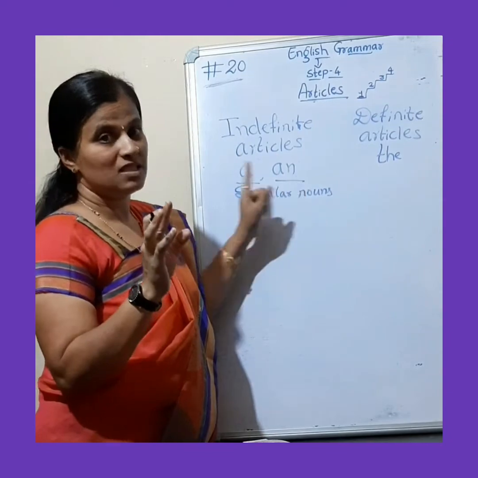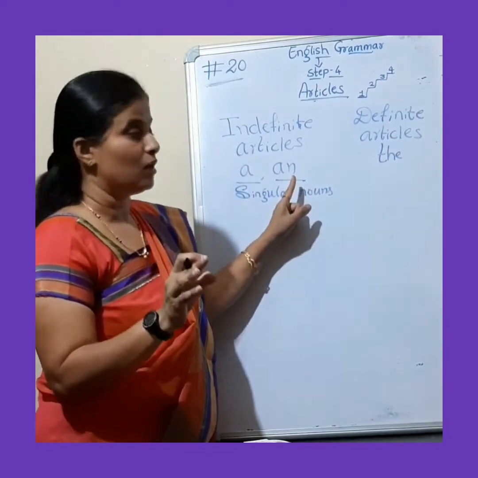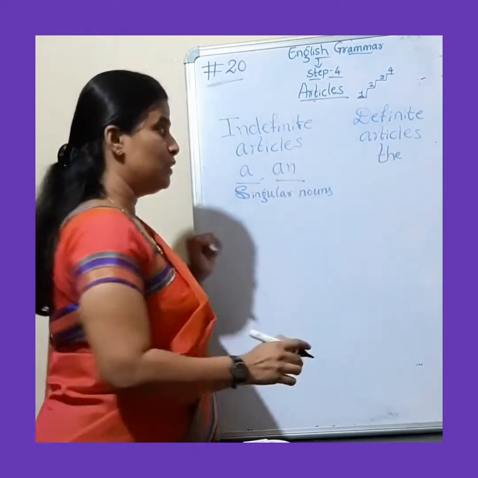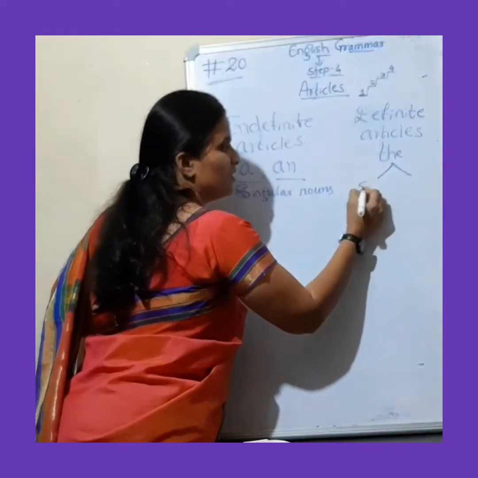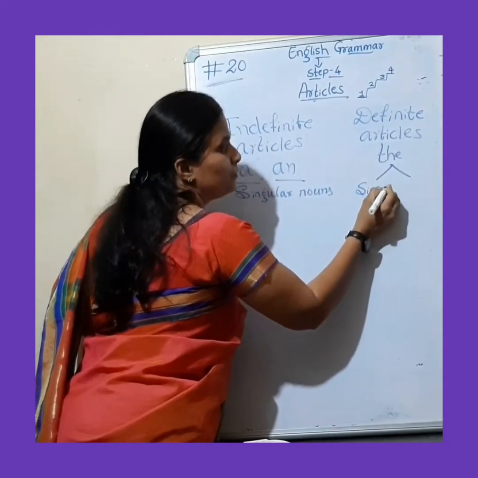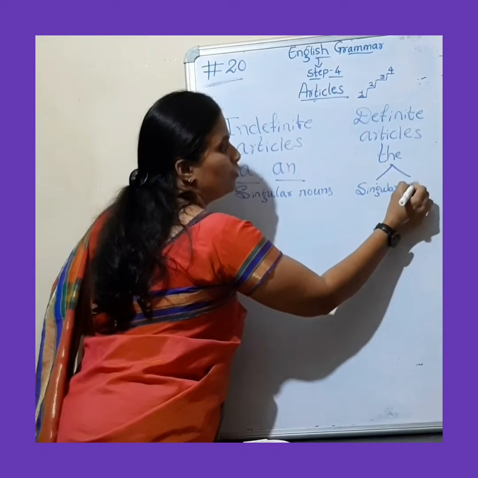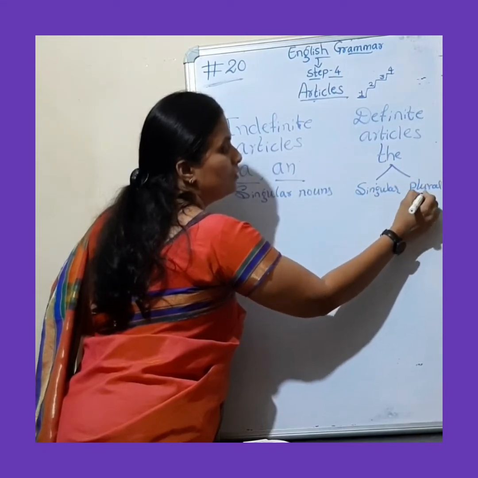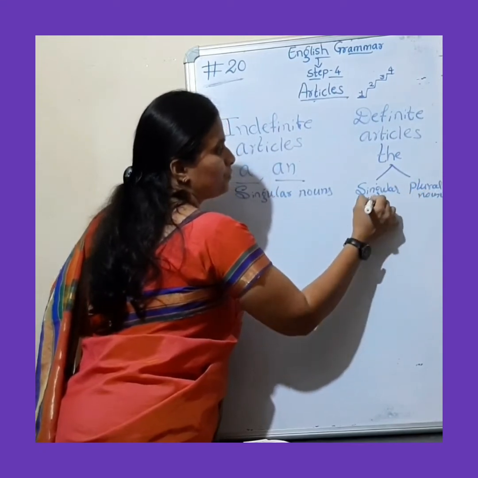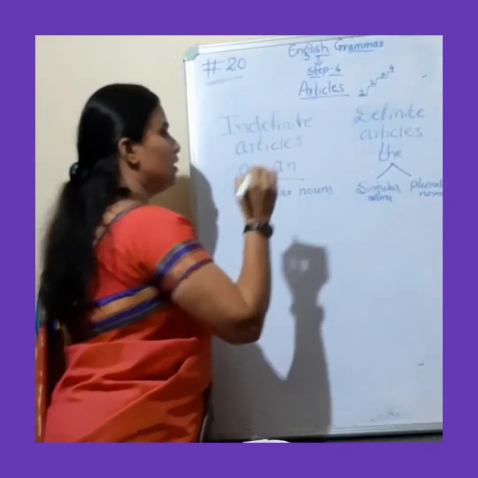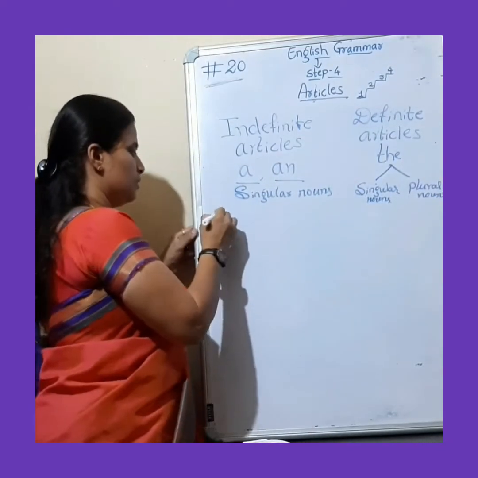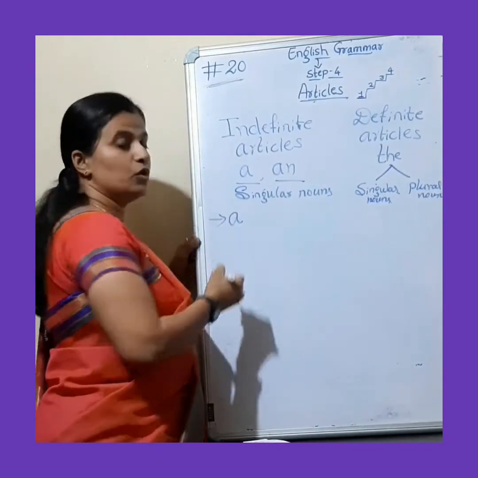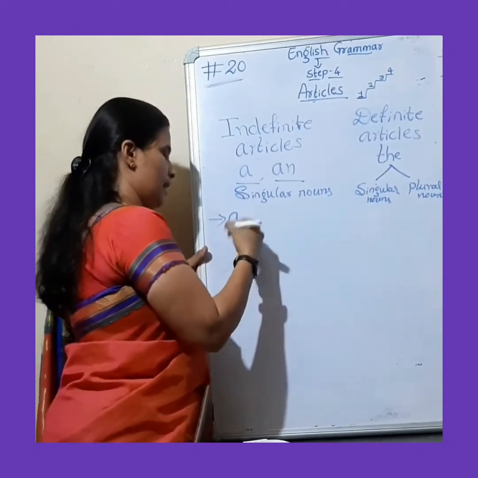We cannot use a and an with plural nouns, whereas the can be used for both singular as well as plural nouns, right? So let us have a look at the statements now. When to use a and an.